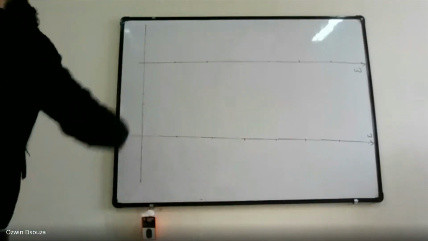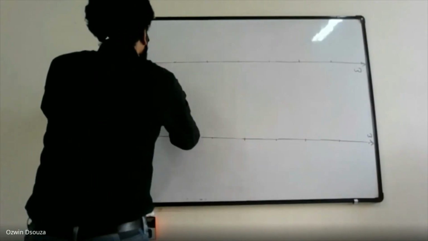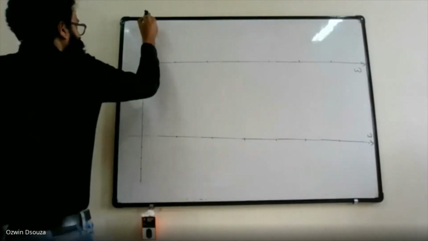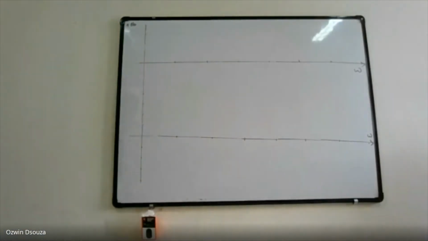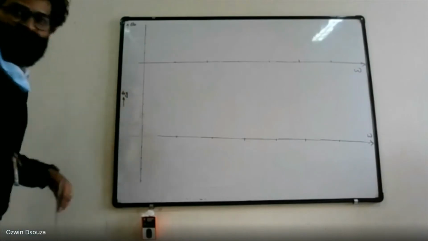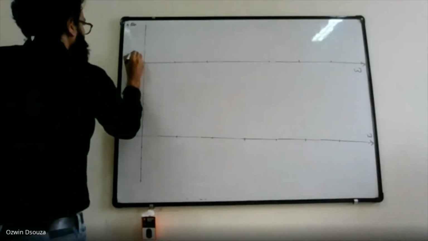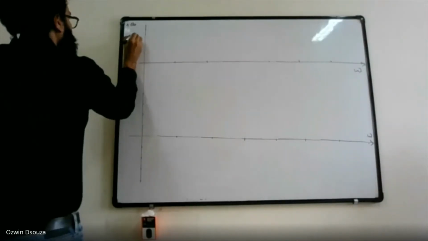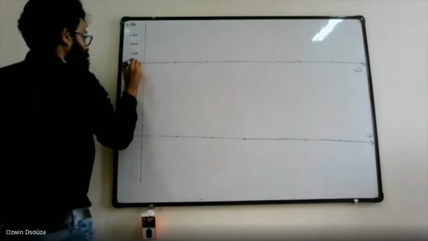So for the magnitude plot, what I will do is, decibels, and this is degrees, decibels and degrees. So let's say this is plus 20, plus 40, plus 60, and this is your 0 dB.